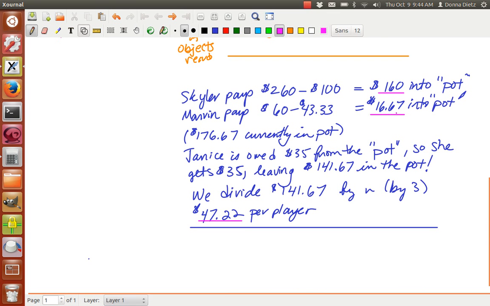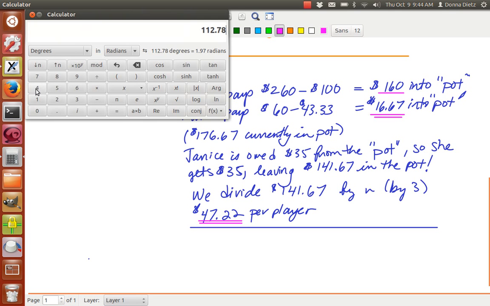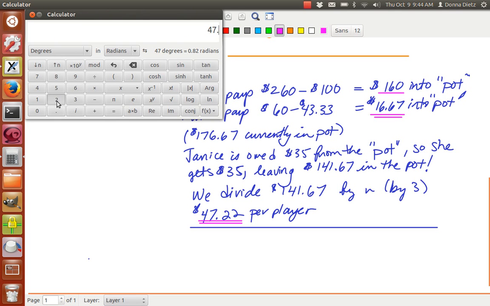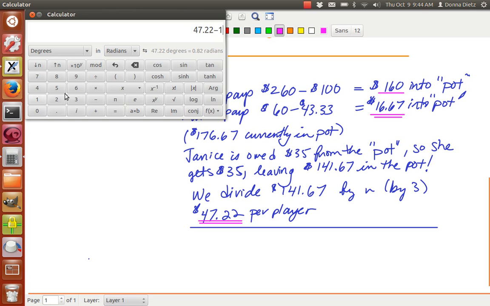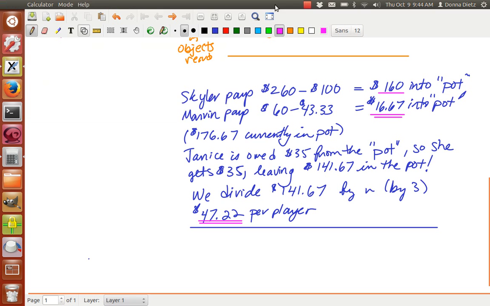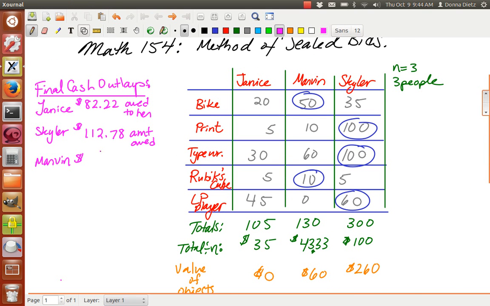But think of it the other way. If Marvin got $47.22 and then owes $16.67, then we just subtract it the other way. We can say $47.22 minus $16.67, and then we get $30.55 owed to him. Okay?